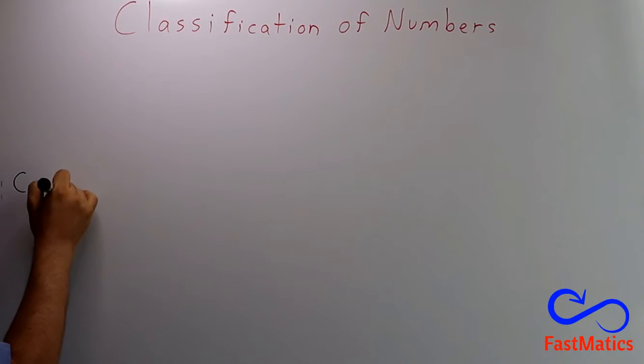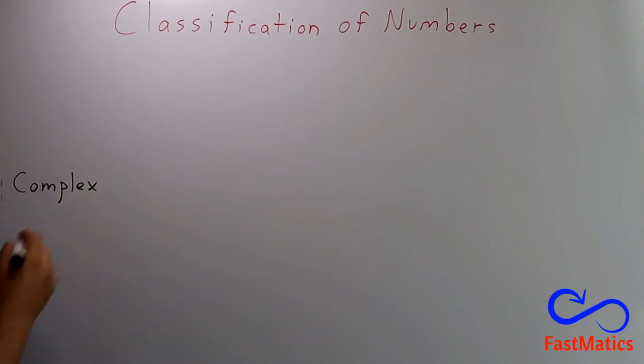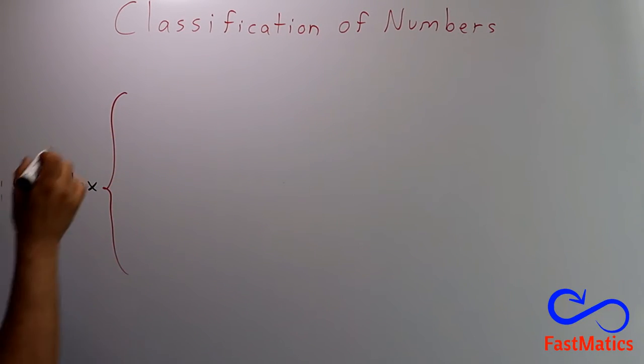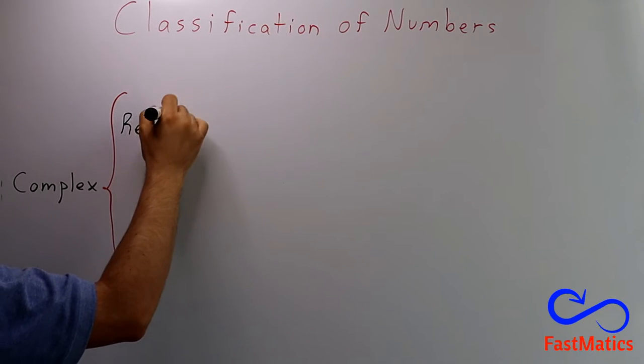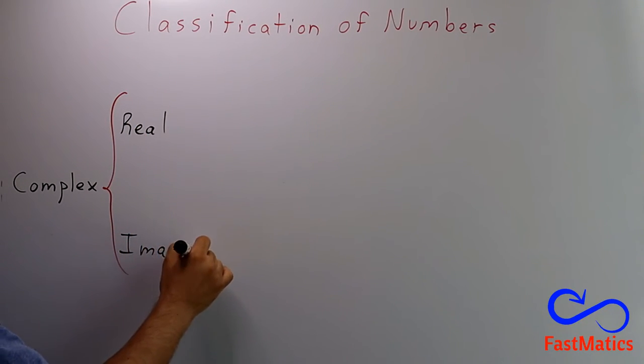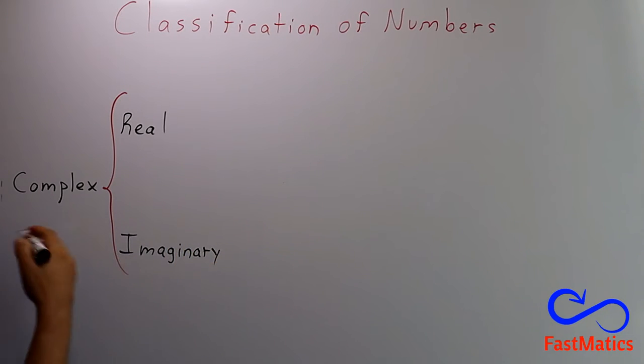So we write complex numbers, and into the set of complex numbers we have real numbers and imaginary numbers. After, I will explain it.